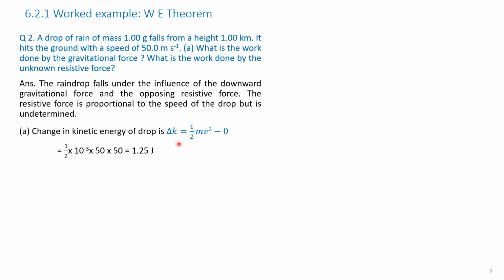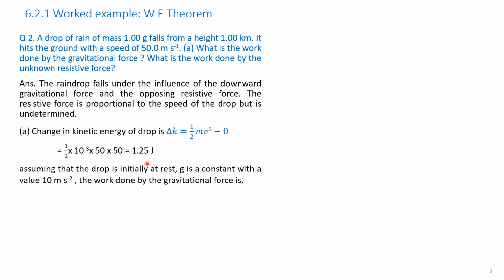Therefore, that is equal to half times m, where the gram is to be converted into kg, so m is 10 to the power of minus 3 kg. v is 50 meters per second, so v square is 50 times 50. Therefore, half times 10 to the power of minus 3 times 50 times 50. Simplifying, we get the change in kinetic energy equal to 1.25 joules.